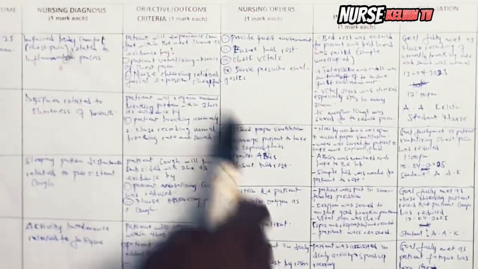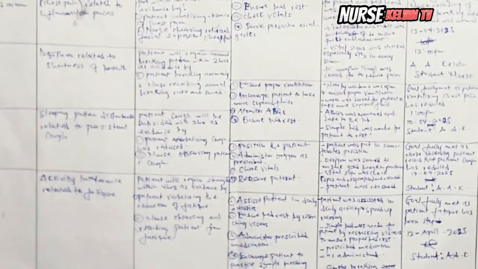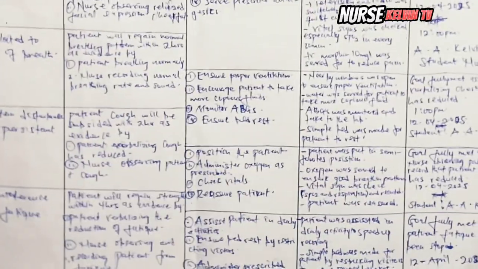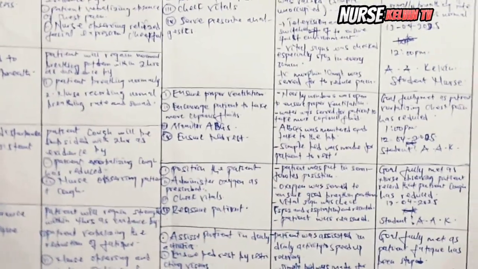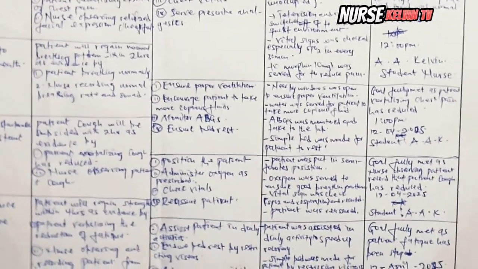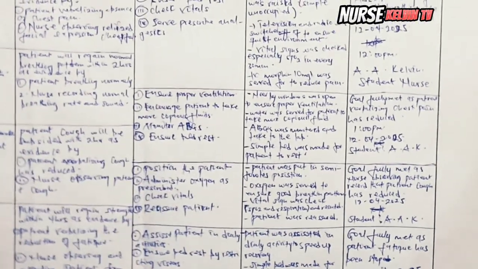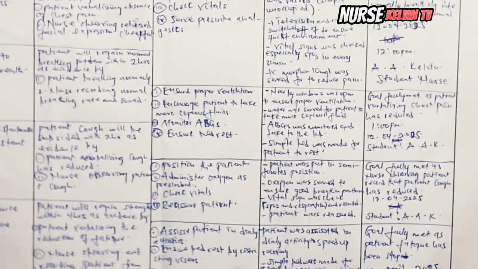Then the second one was ensure proper ventilation, which is also a nursing order. Then we say encourage patients to take in more copious fluids. Then monitor the ABGs. Then ensure bed rest.